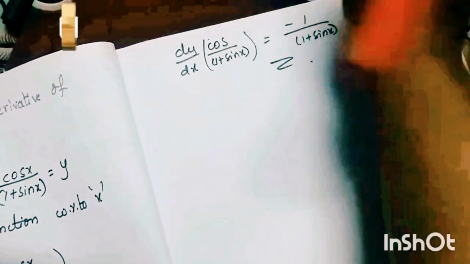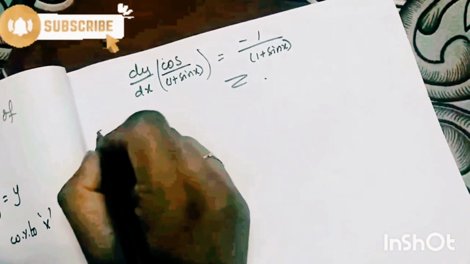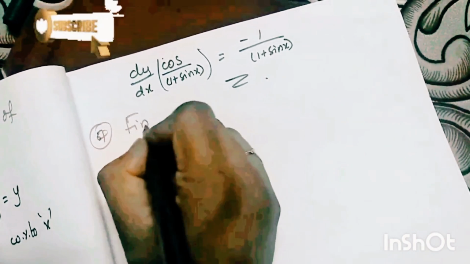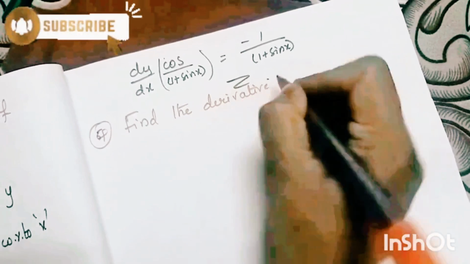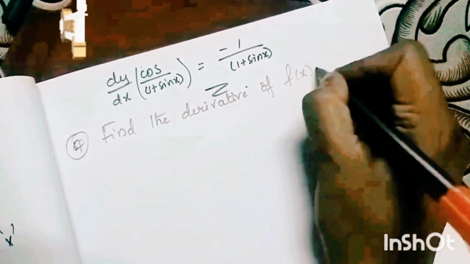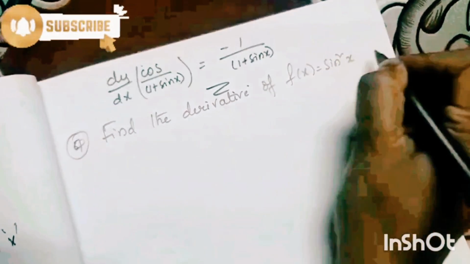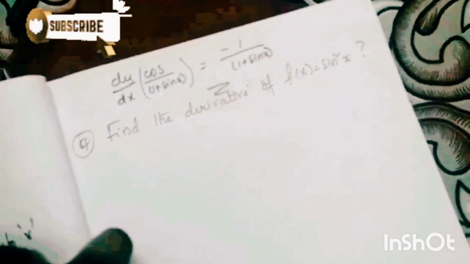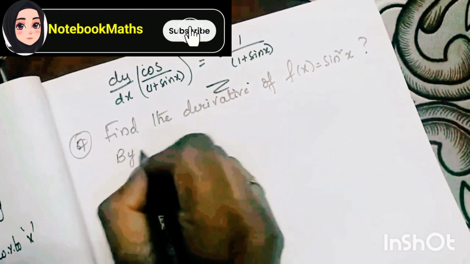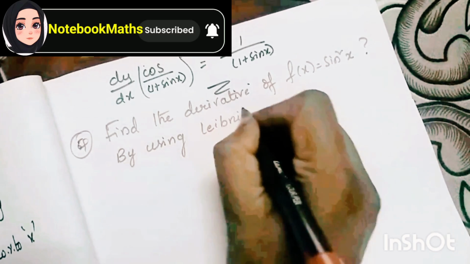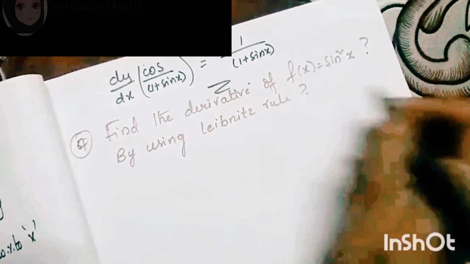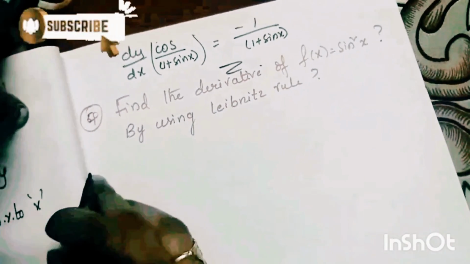Find the derivative of f of x equal to sin square x by using Leibniz rule. We have to use the Leibniz product rule.